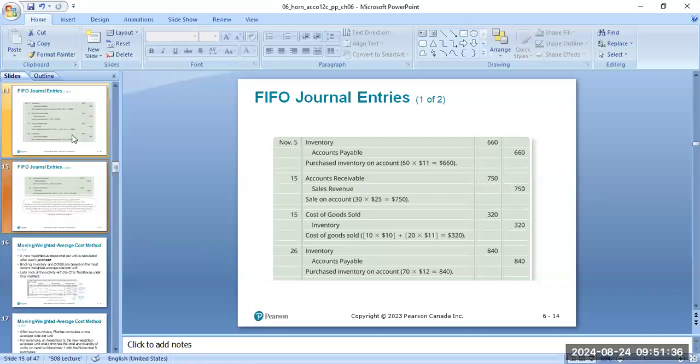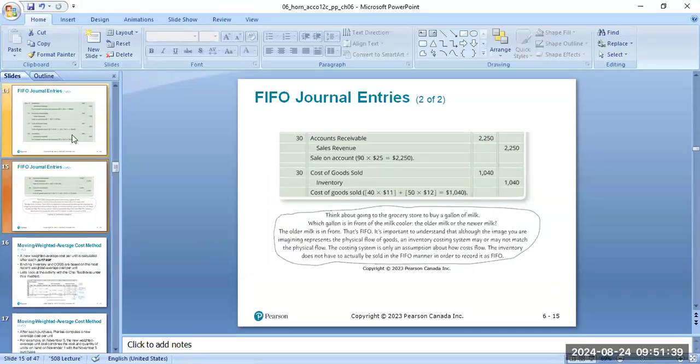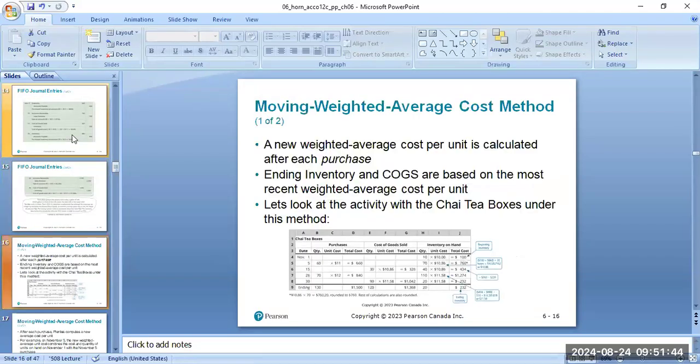Once we do the journal entry, we're out. Now, the next thing is the moving weighted average cost method. That's a little bit tricky because, since we're running a perpetual system, the system updates itself automatically every time we have a purchase.